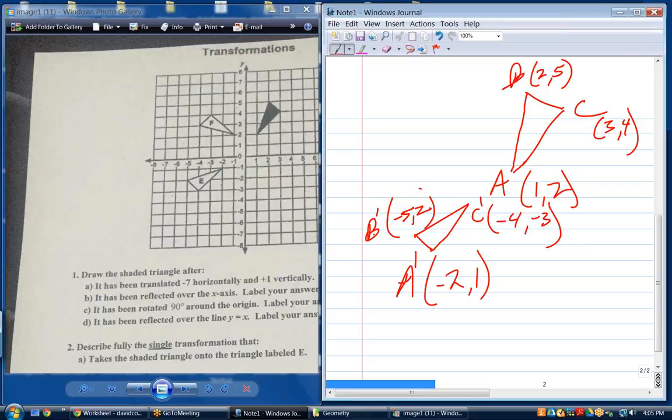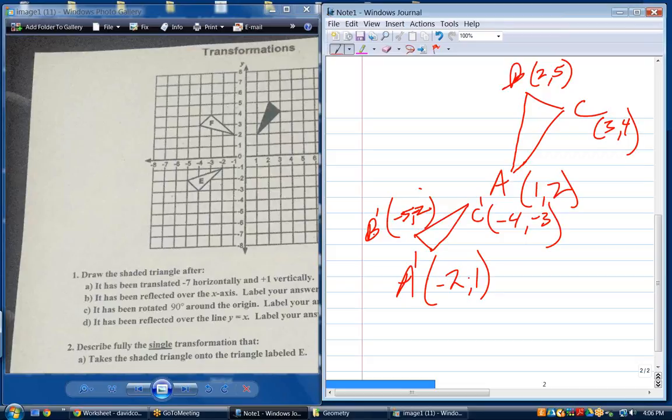All right, we can see the relationship between each of those. In other words, to get from A to A prime, we switch the numbers and change the sign on the x coordinate only. Okay. To get from B to B prime, we did the same thing. We switched the order and changed the sign.